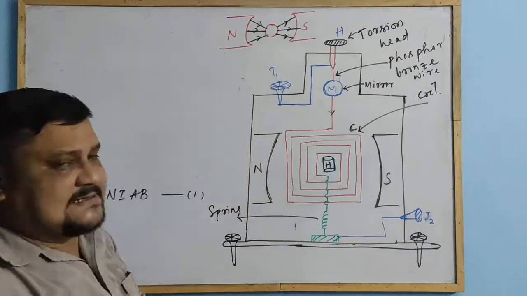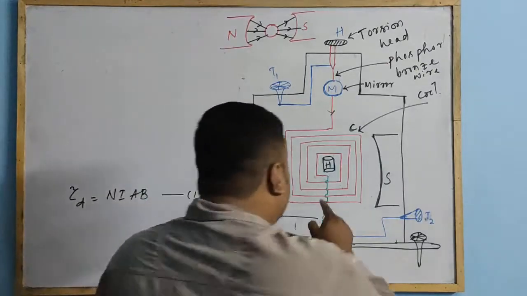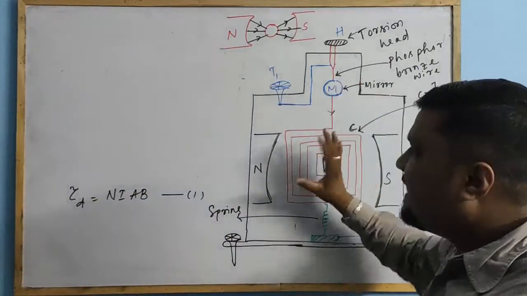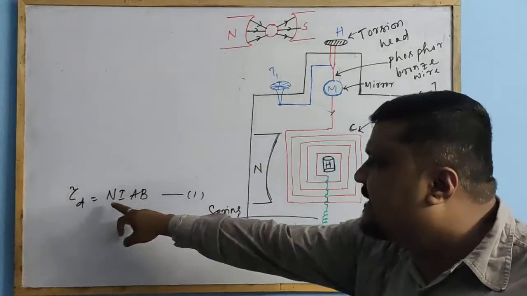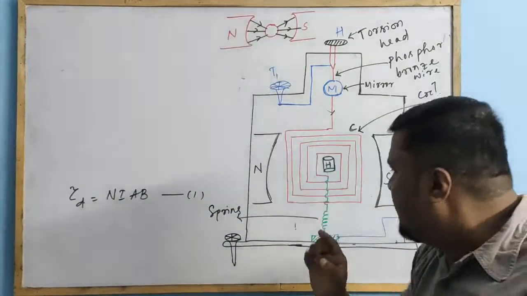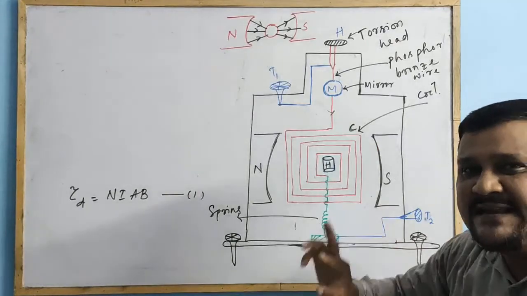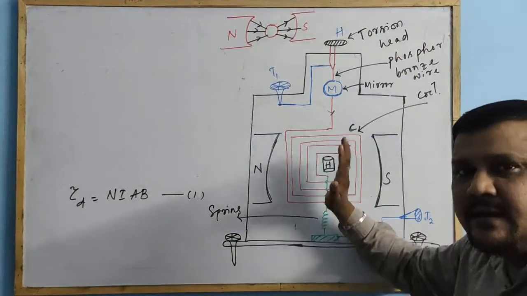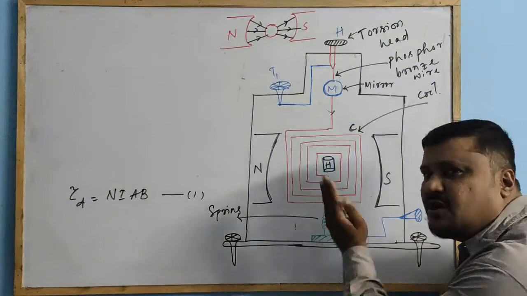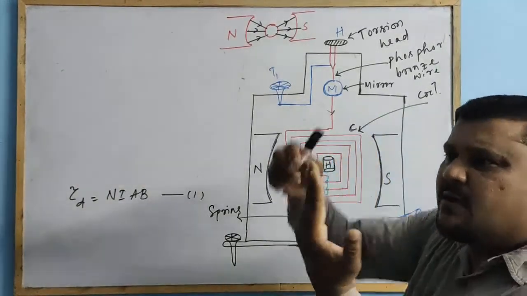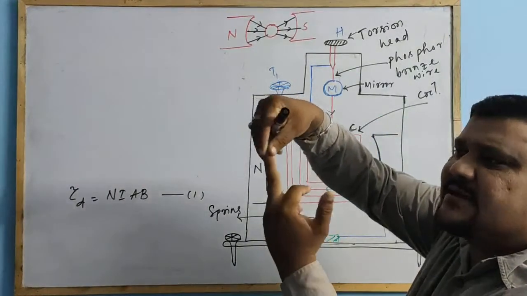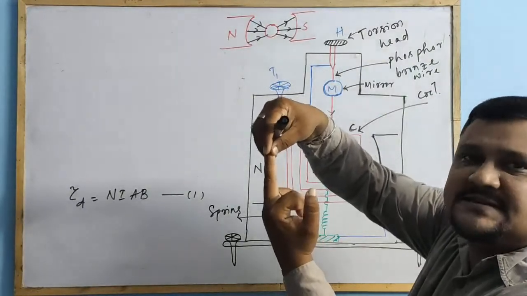Then next, at the other end, because of the current, the coil deflects, so the deflecting torque is NIAB, that is the principle. But the other end is connected to a spring. So when the coil deflects, the spring also twists.